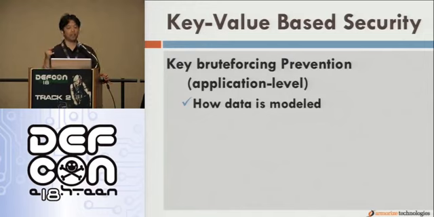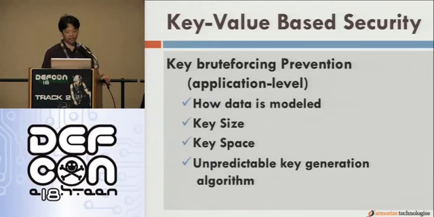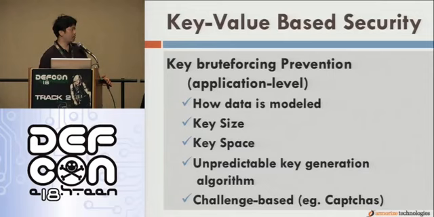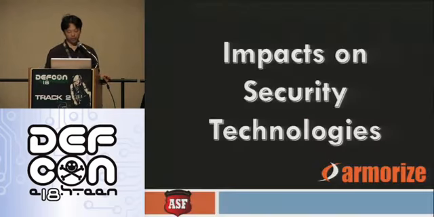So it really depends on how your application logic is segmenting the data, how your application is modeling the data. Again, there's no schema, so data modeling is done by the application itself. And the key size, key space, and also an unpredictable key generation algorithm, and also it can be challenge-based. For example, asking for CAPTCHAs.